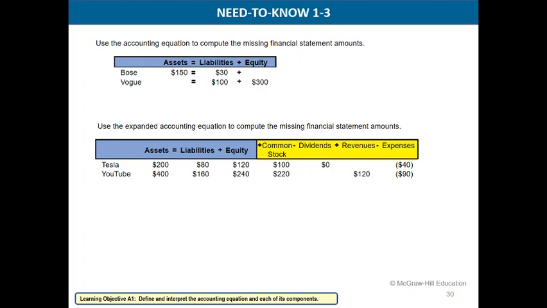You would know that for this instance, it's got to be the difference between 150 and 30, so that's going to be 120. For Vogue, you have liabilities plus equity but no assets, but since you have an equal sign there, obviously, you would know that assets have to equal liabilities plus owner's equity, so that's going to be 400 in assets.